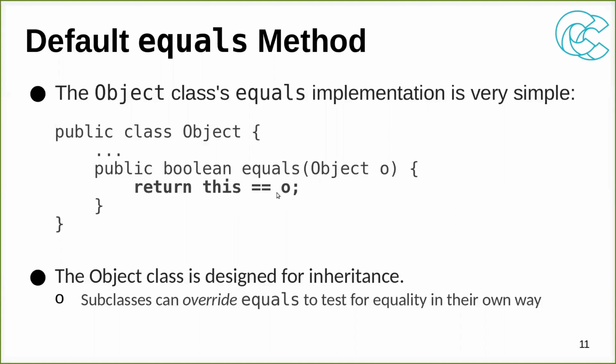If not, it will return false. If you are also using inheritance, that happens by default, like I said. Because equals is a method of the Object class, if you create, let's say, the Point class, it automatically inherits all the public methods, of which equals is one of them. So you would have to override this equals to test for equality in terms of the instance variables.